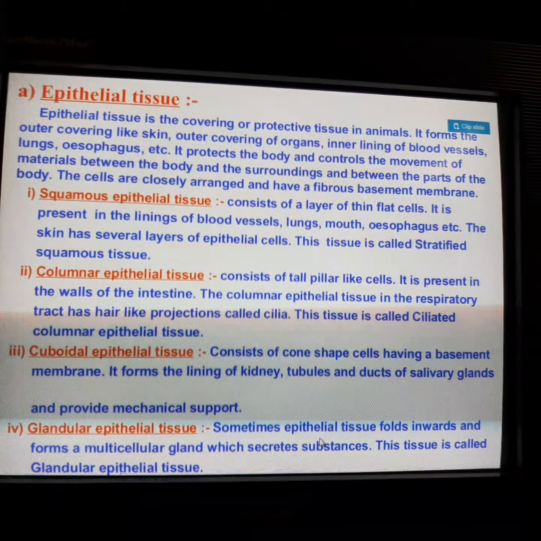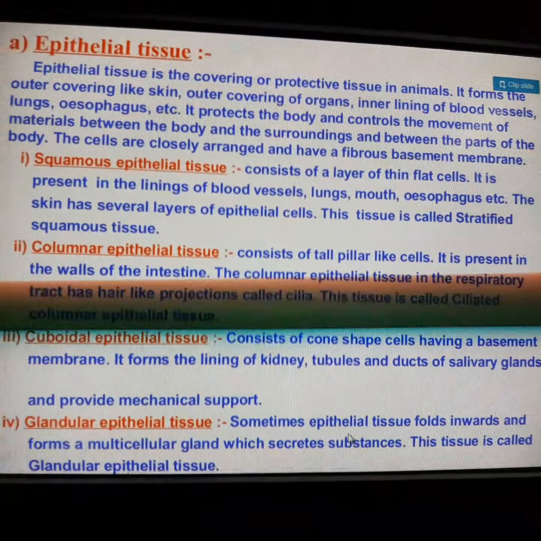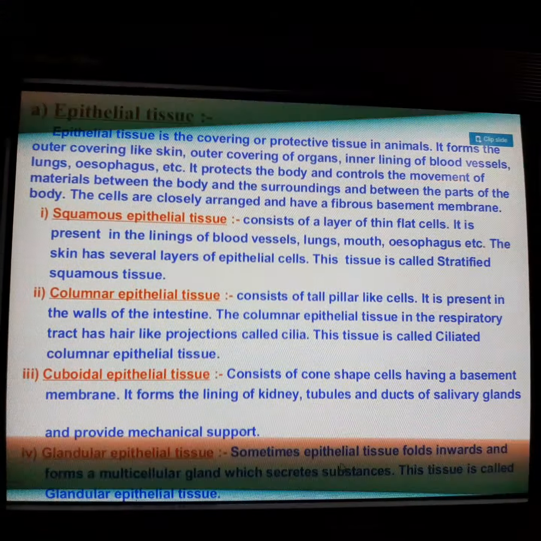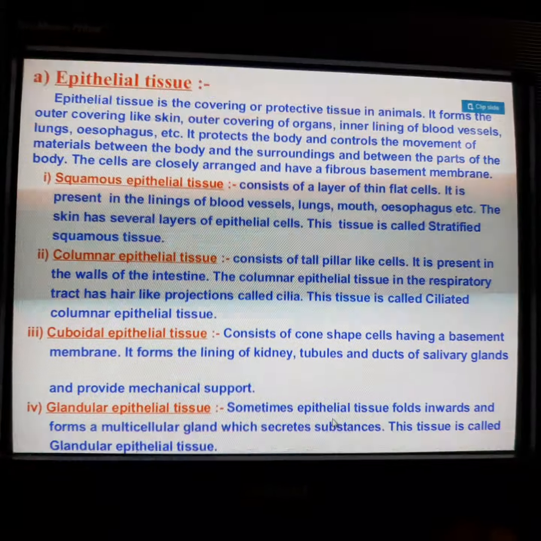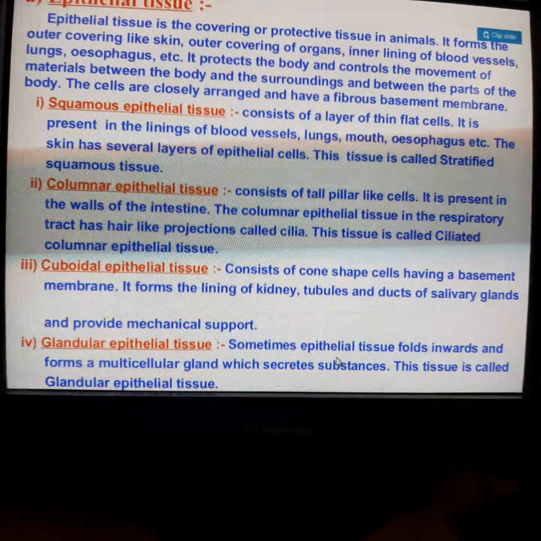Next is the cuboidal epithelium. The cells in these tissues are cube shaped and mainly involved in absorption and secretion. Since absorption and secretion take place in the kidney, they are found in the kidney tubules.